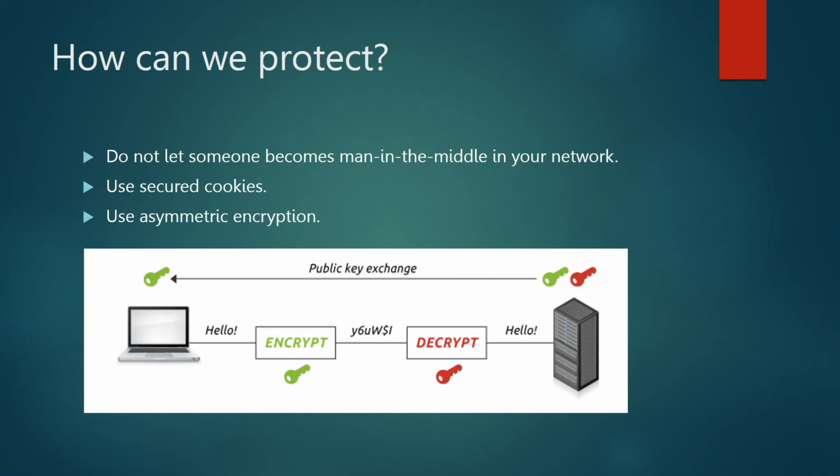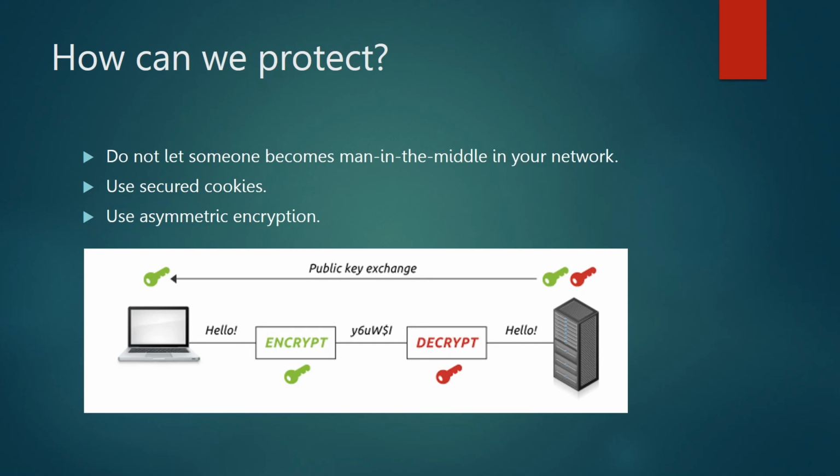So for example, when you access a page, you get the public key from the server, you encrypt with that public key, and only the server with its private key can decrypt it. Because if someone is in the middle and captures the server's public key, he is not getting the server's private key, so he cannot decrypt that information.